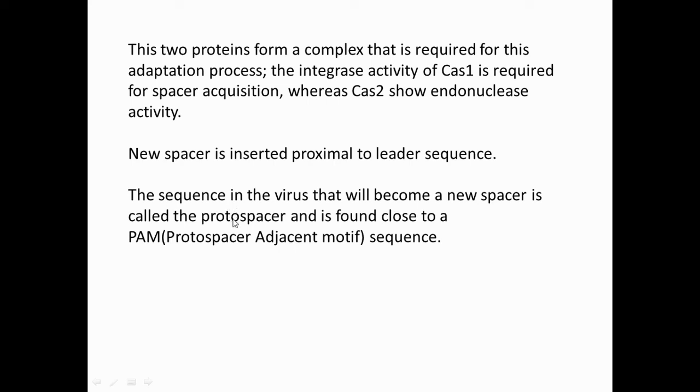For example, this is the bacteriophage DNA, and if the Cas proteins, Cas1 and Cas2, cut the bacteriophage DNA like this, this particular DNA segment of the bacteriophage is going to be inserted into the bacterial DNA. This DNA segment is generally called the protospacer region.